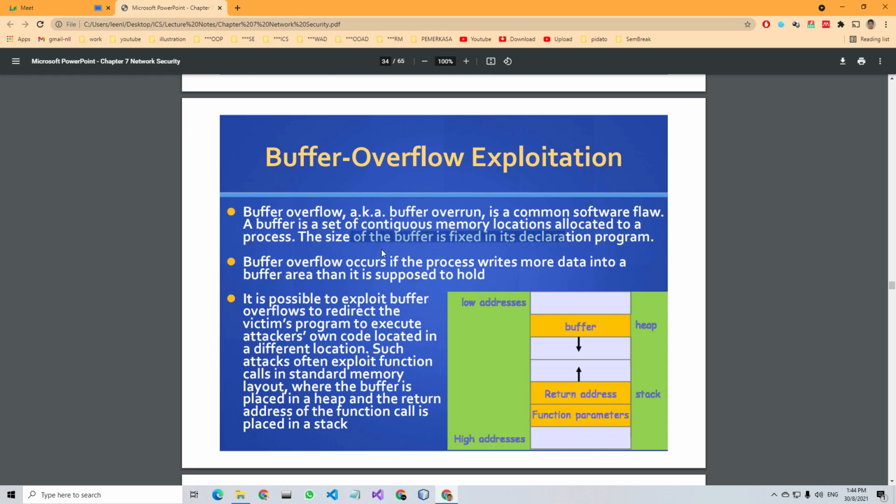So this buffer overflow occurs when the software writes data that overflows the buffer's capacity, resulting in the adjacent memory location being overwritten. Okay, this is explained in the third bullet. In other words, too much information is passing through the same container, but the container does not have enough space.